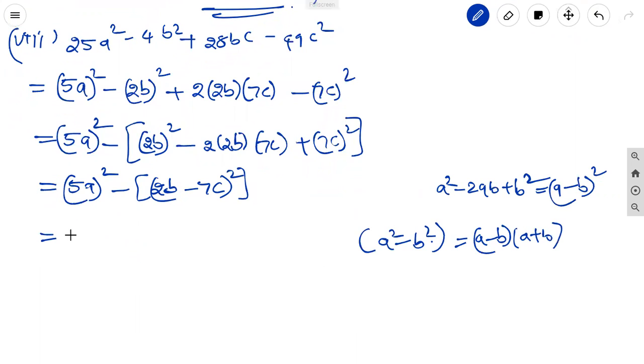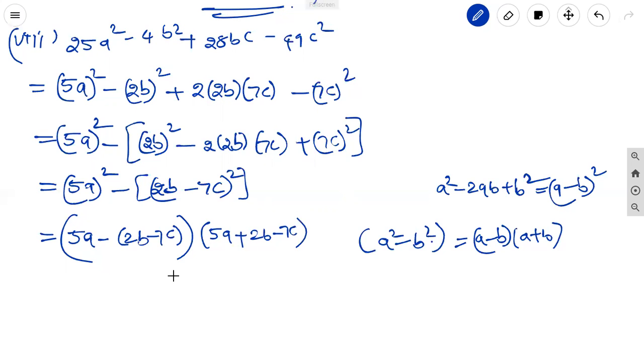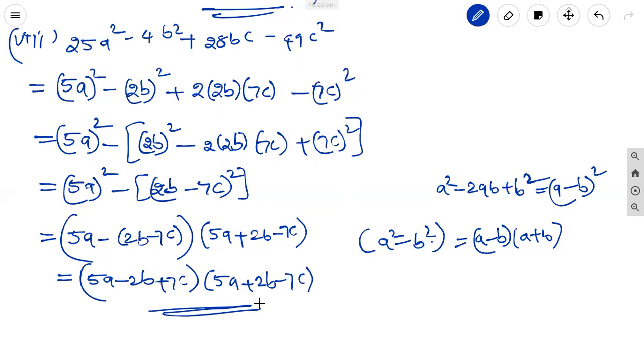So here what is a? 5a. So it equals (5a minus 2b plus 7c) into (5a plus 2b minus 7c). These are the factors.